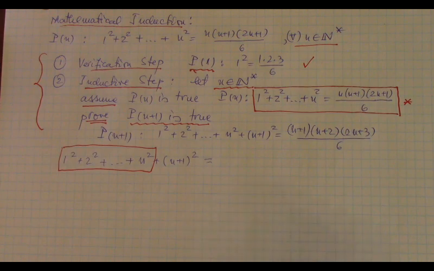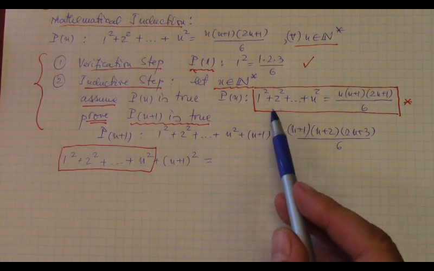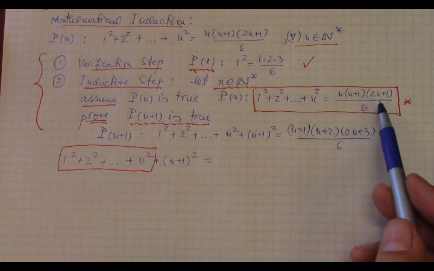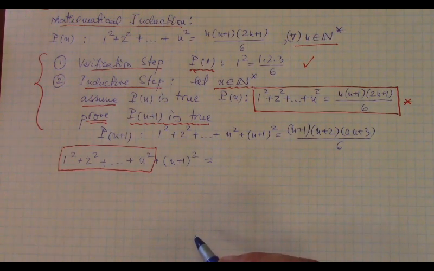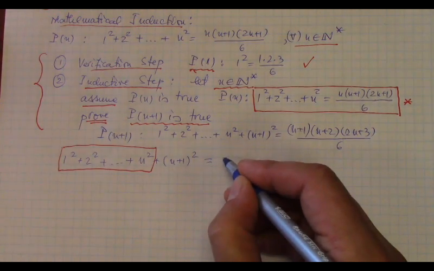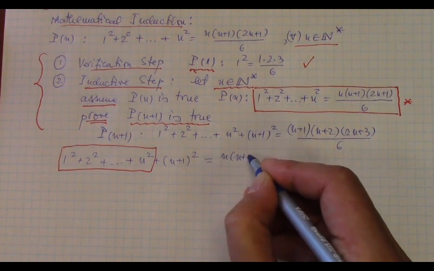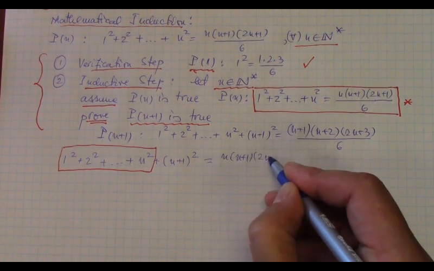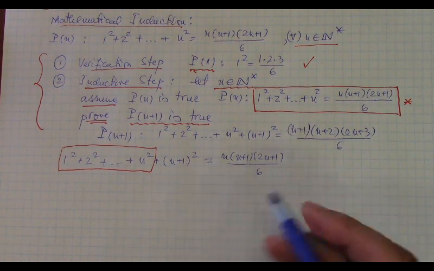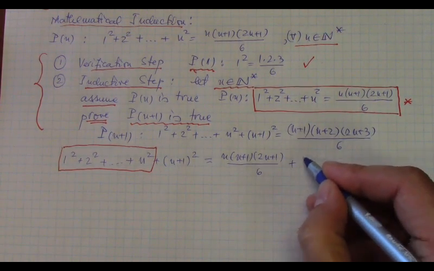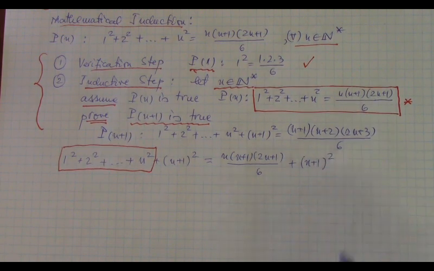All right, so now our assumption is that this sum is equal to n times n plus 1 times 2n plus 1 over 6. So we can use the power that we have by making this assumption. So what we get is n times n plus 1 times 2n plus 1 over 6. And then we copy the last term of this sum, so plus n plus 1 to the power of 2.